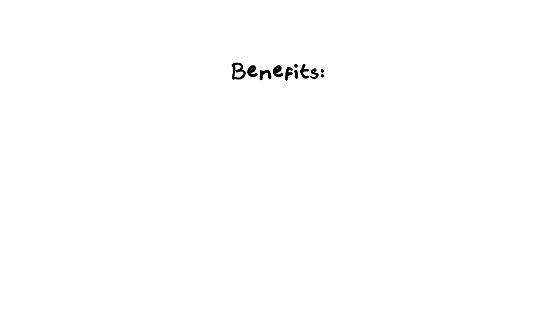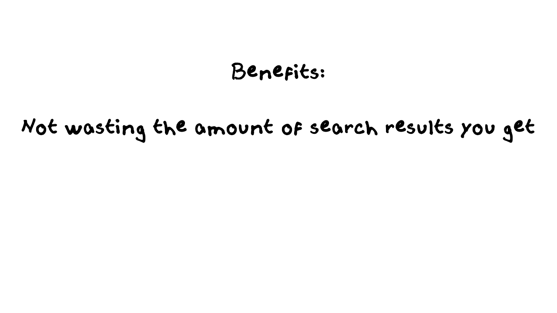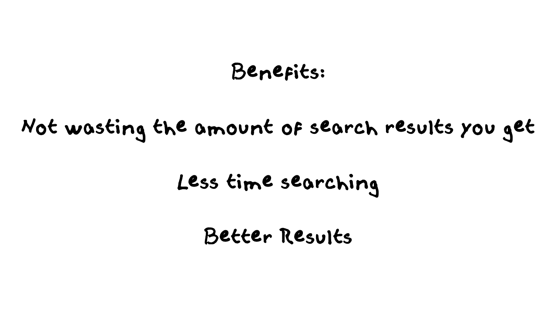The benefits to using these 5 search tactics plus also funneling your results or getting them more refined are you're not wasting the amount of time getting the search results that you need to get. You're spending less time searching and you're also getting better results coming back. And why this is important is that if you don't have a premium account on LinkedIn, you're only entitled to see 100 results coming back of anybody.